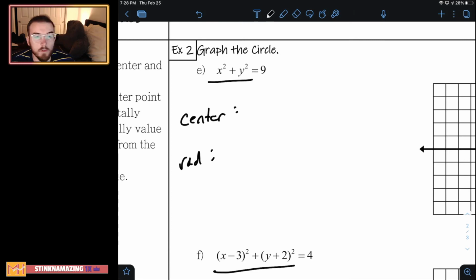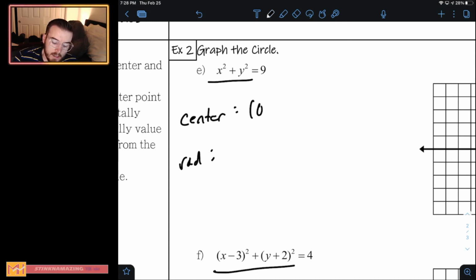Now this E1 here might be throwing you for a loop for a second. You might be thinking, well, there's no parentheses. That doesn't even look like the same equations. Well, guess what? Like I was saying, you don't have to write minus 0, right? Minus 0 means nothing. So you can just ignore that, right?